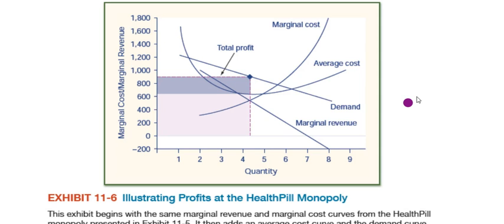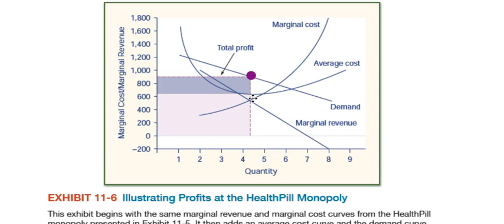When they're trying to decide their quantity, they go to where their marginal revenue curve equals their marginal cost, and that's where they produce. Then they find their price by moving up to their demand curve.